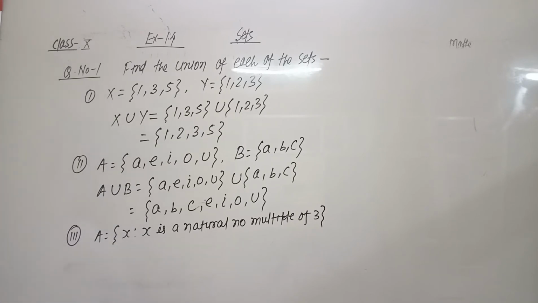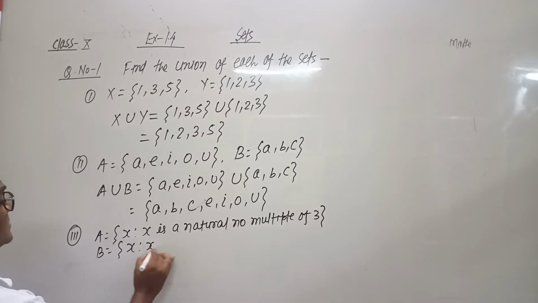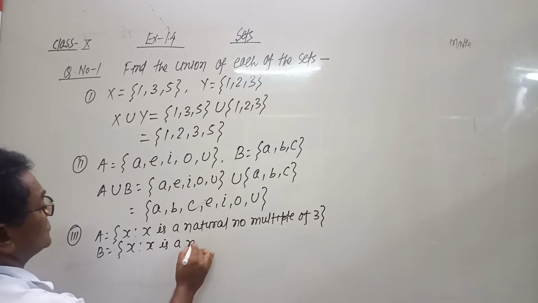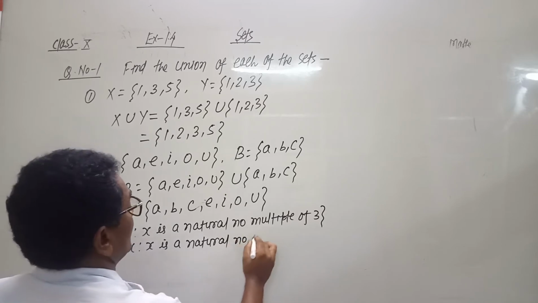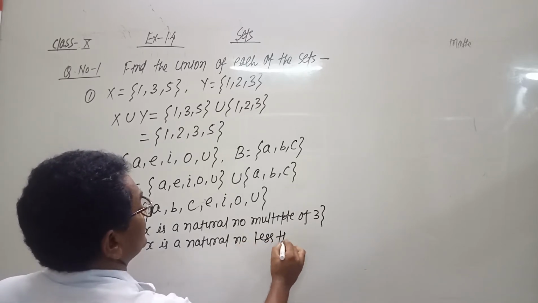And another set B equals X such that X is a natural number less than 6.